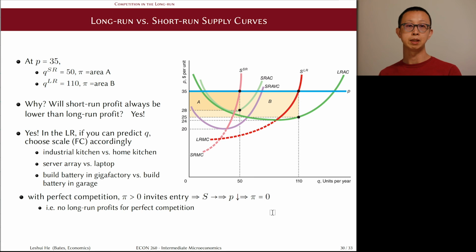If any firm can make a positive profit, then more identical firms would enter the market. So more firms will then shift the market supply outward. And then that will drive down the market price, and the cycle will repeat itself until the long run profit is driven down to zero, and firms will stop entering.